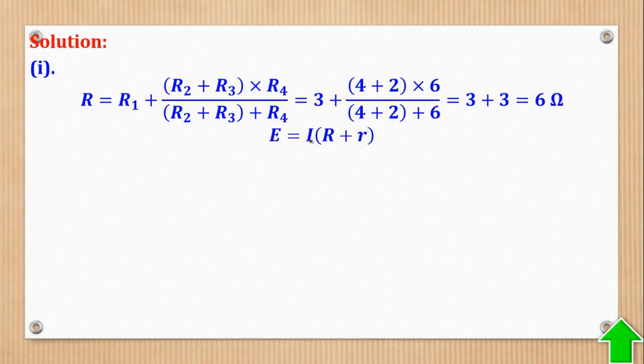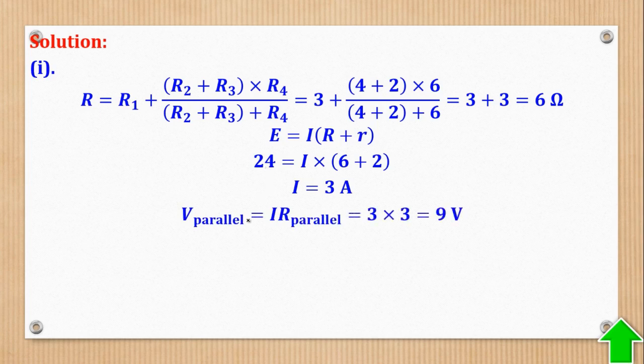Then EMF is I in brackets R plus r, where R is the external resistance and r the internal resistance. So substitute for EMF, the external resistance, which is the total resistance, and the internal resistance, which is 2. We have only I as the unknown, so make it the subject to get the total current in the circuit. Then PD across the parallel combination is I times R parallel.